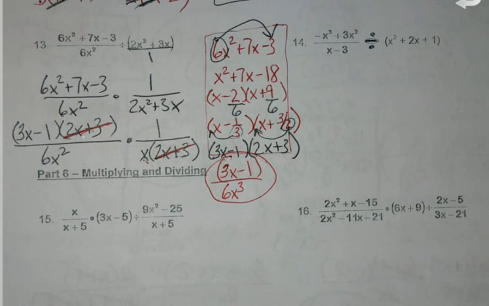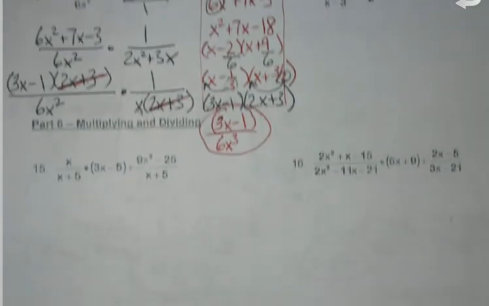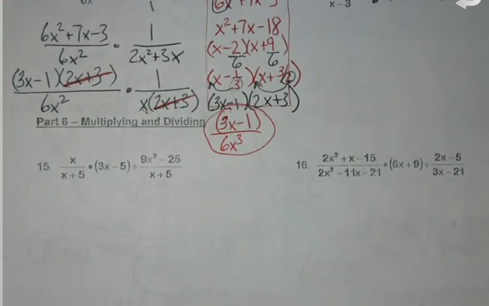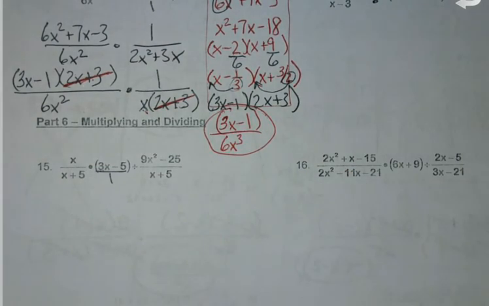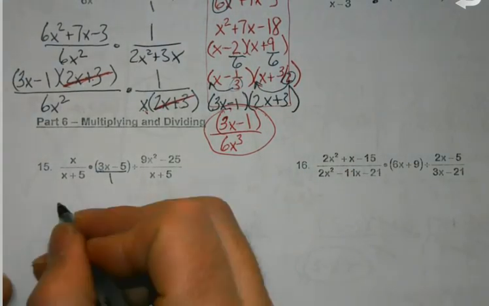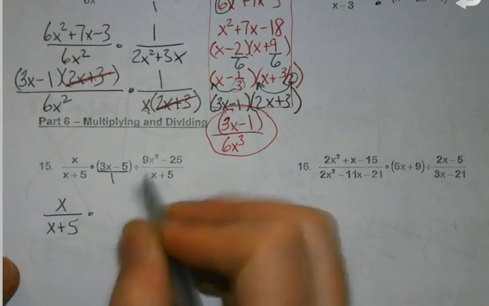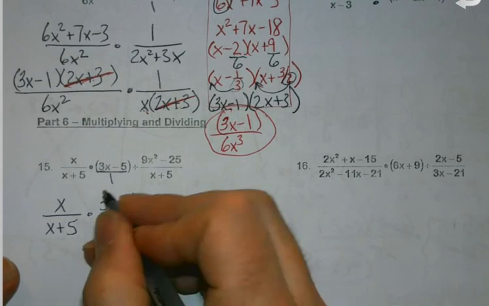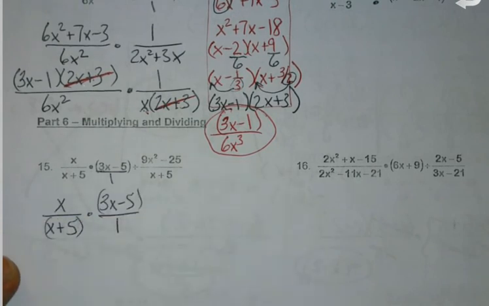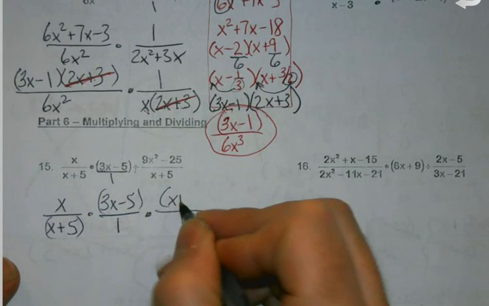All right, last one. 15. You're like, oh crap, multiply and divide. Whoa. I would suggest, again, anytime you get a divide, rewrite it first. The first one's multiply, so nothing's going to change. But this last one being division, flip it.